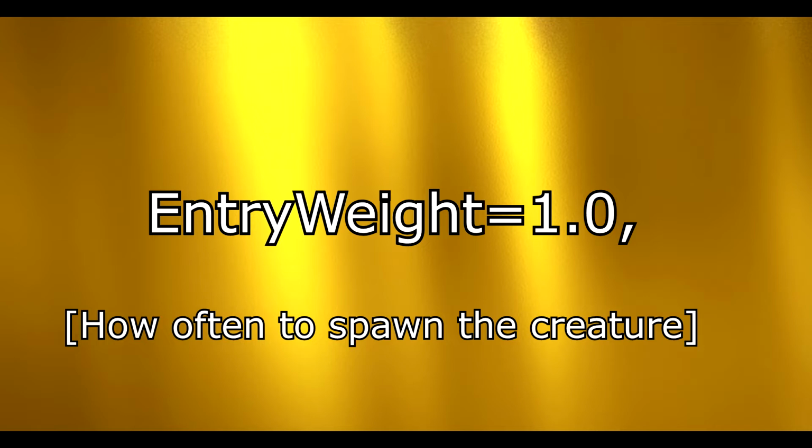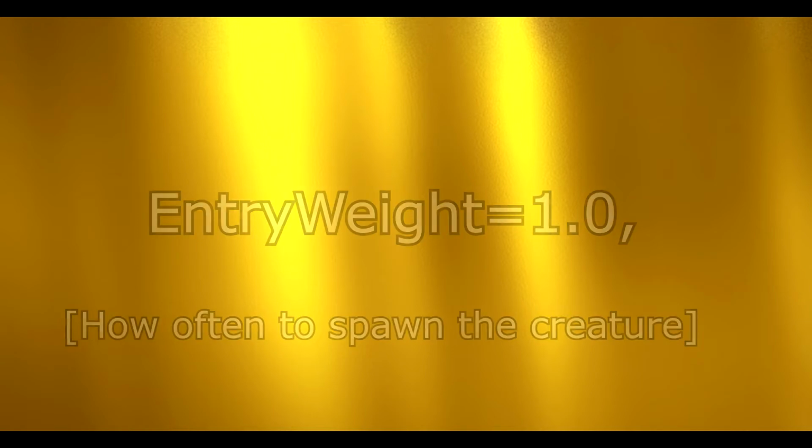So, for example, I want these Utah Raptors to spawn all the time. So, 1.0 would be ideal because it means they will always have a chance to spawn. Nearing the end here, guys.